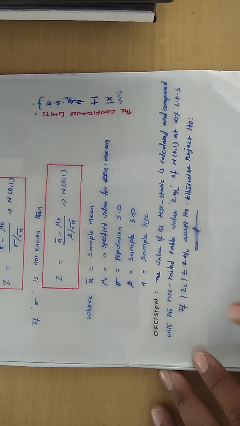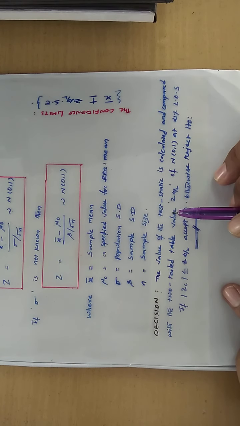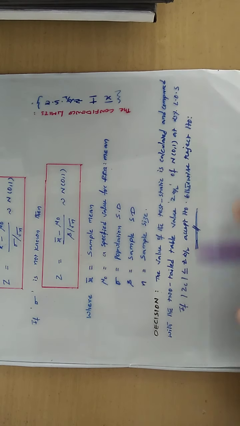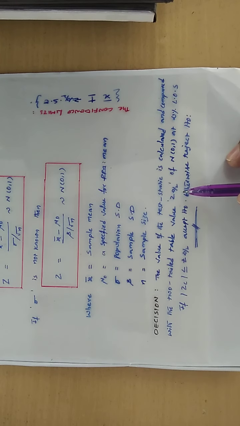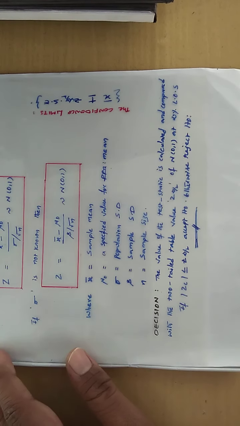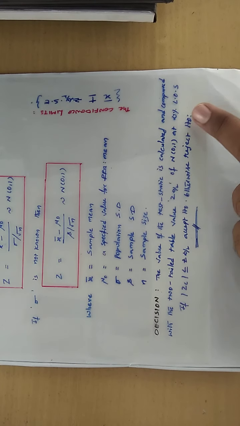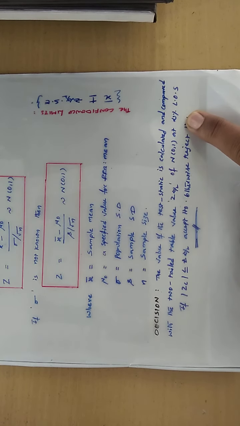So how are we making the decision? The calculated value, that is the test statistic, is calculated and compared with the two-tailed table value. Yesterday we were discussing two-tailed test and one-tailed test. How do you get the two-tailed or one-tailed based upon the alternative hypothesis? While doing the problems, you'll understand. We compare with the alpha percent LOS.